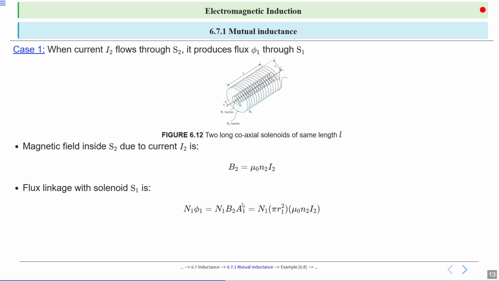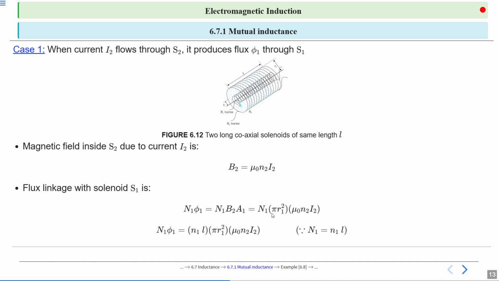What is A1? Area of cross section of the S1 solenoid, that is pi R1 square. What is B2? B2 is mu naught N2 I2. What is capital N1? We have discussed that capital N1 will be equal to small n1, the number of turns per unit length of first solenoid, into length of the solenoid.